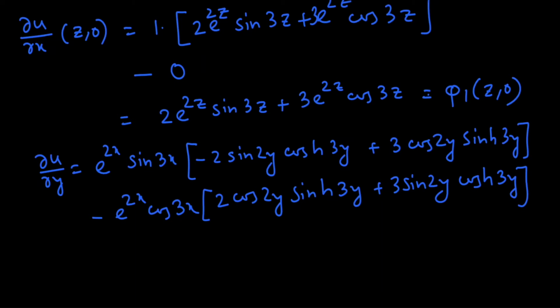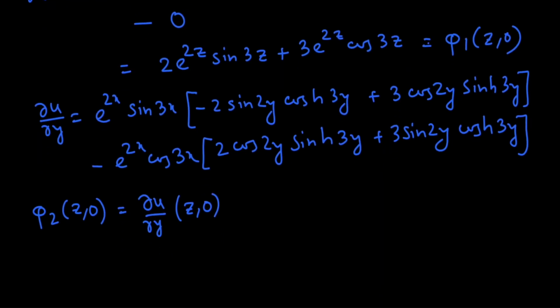We check these calculations once again. And phi 2 (z,0) is equal to del u del y at the point (z,0), that is x equal to z and y equal to 0. If we put x equal to z and y equal to 0, then this gives totally 0, since these terms are cancelled out, you can check this once again. So this is equal to 0.